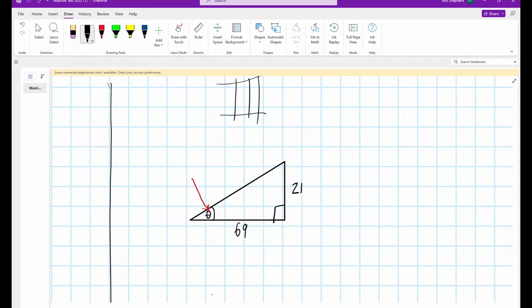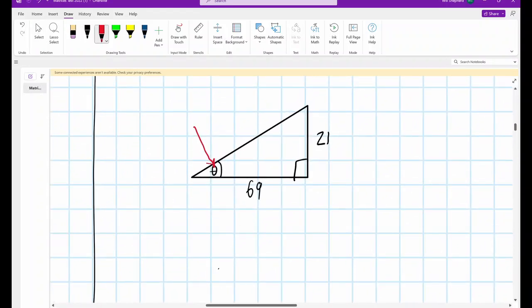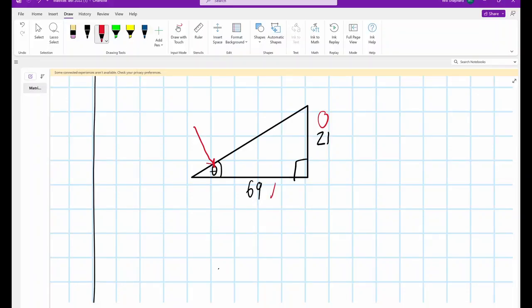And so, with respect to the angle, we have the opposite, which in this case is 9 plus 10, 21, and we also have the adjacent, which is 69. And so in this case we would have a TOA, or tan theta, because we don't know what the angle is, equal to opposite over adjacent, 9 plus 10 over 69.